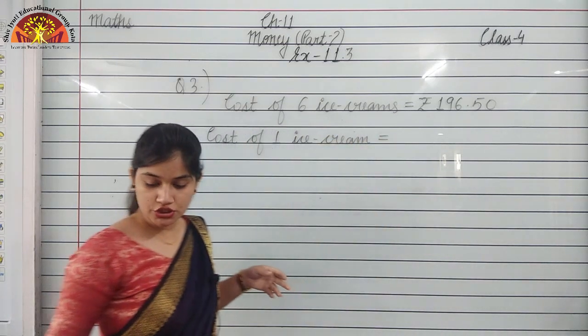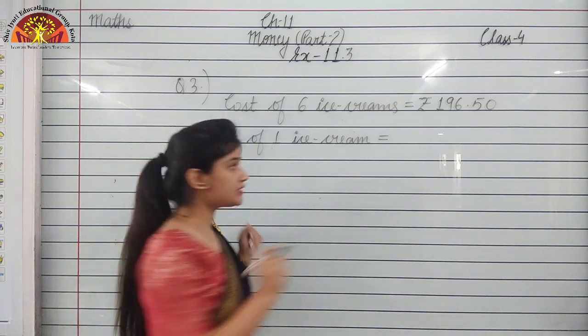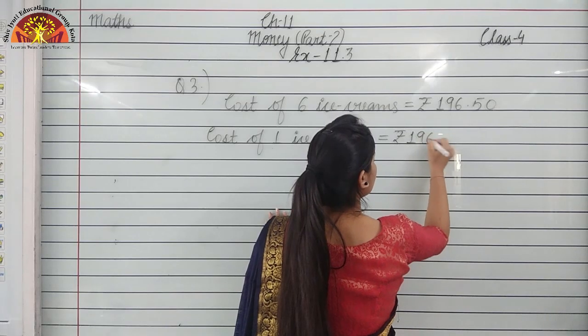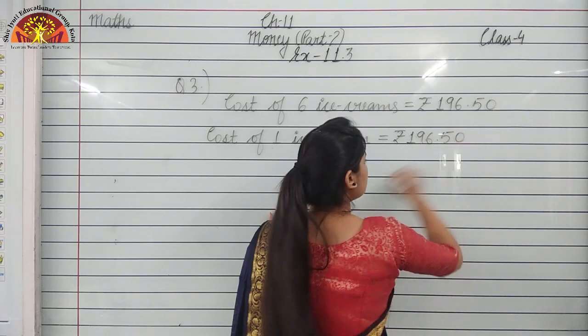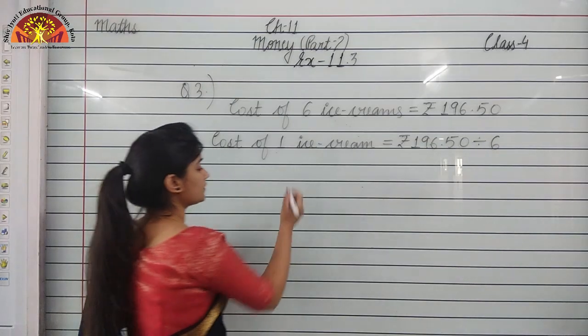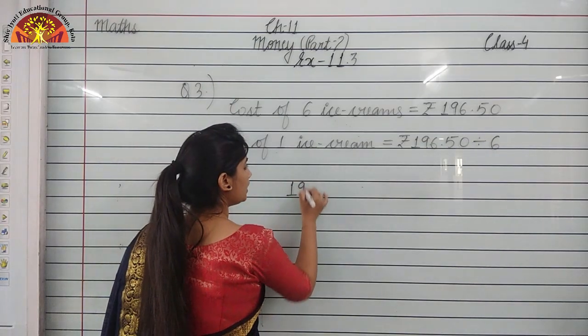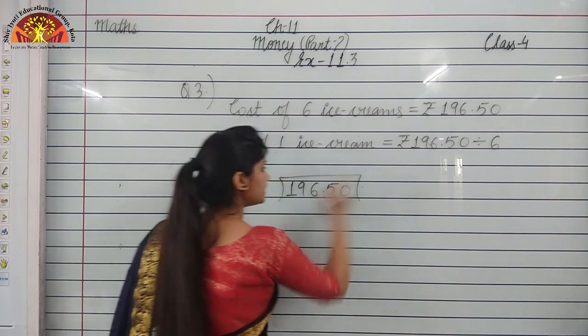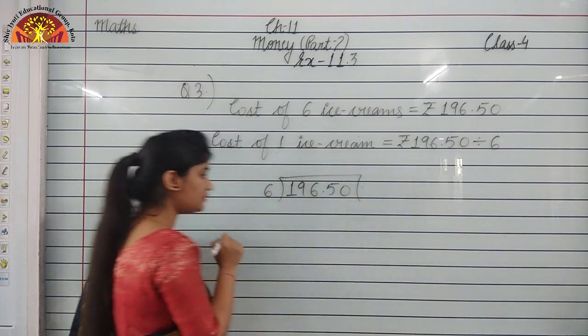Now, as I have told you, we are finding the cost of one ice cream. So we will divide rupees 196.50 by 6. So we are writing 196.50 here, and we are dividing it by 6. So we will write 6 here.